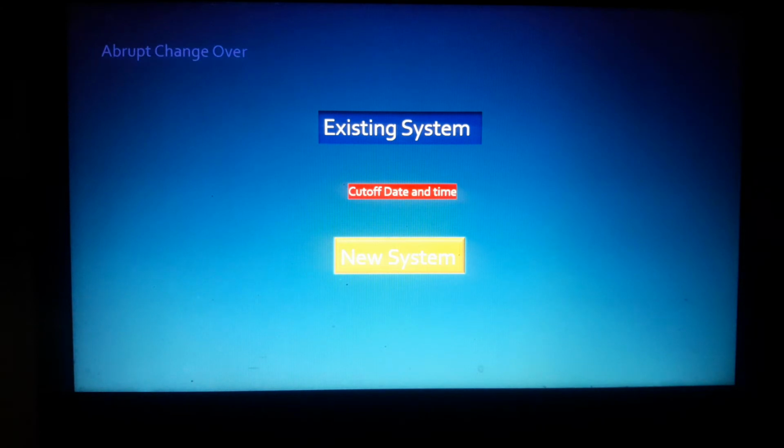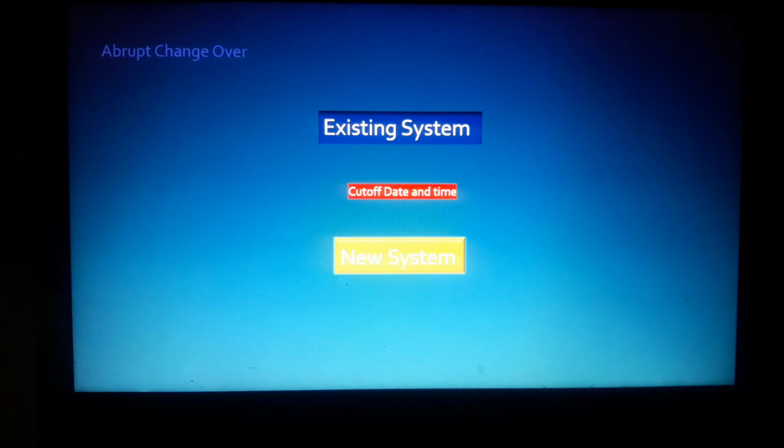From tomorrow onwards you will have the new system, and from tomorrow onwards there will not be any existing system. The old system is discontinued on the date and time which is mentioned. So, that is called abrupt changeover. These are the three types of changeovers which exist.